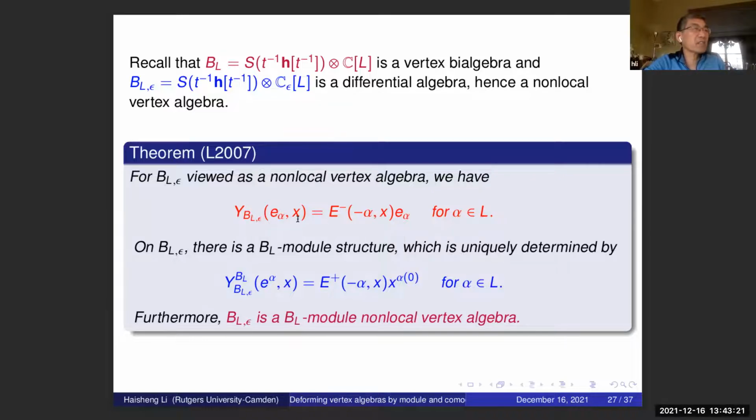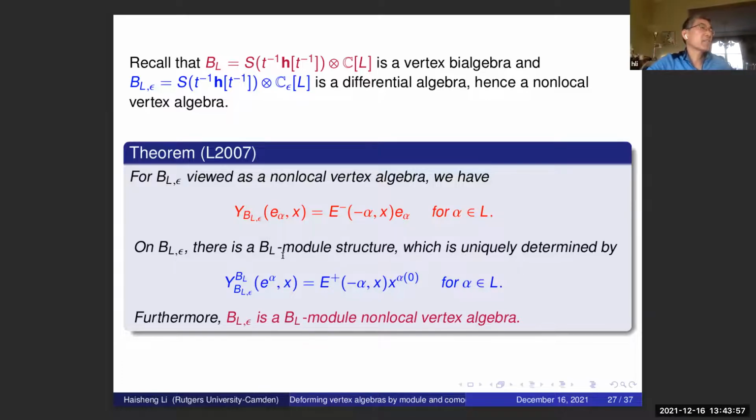If you work out the vertex operator explicitly, what we get is this. For E alpha, the corresponding vertex operator in this construction has this form, just the red part, the creation operator form. The definition uses just the multiplication and the derivative, but if you work out the form, look at this one. How about the annihilation part? The annihilation part gives a module structure.